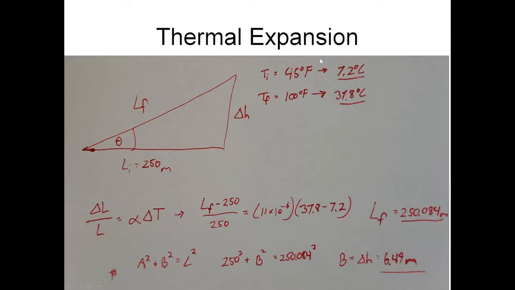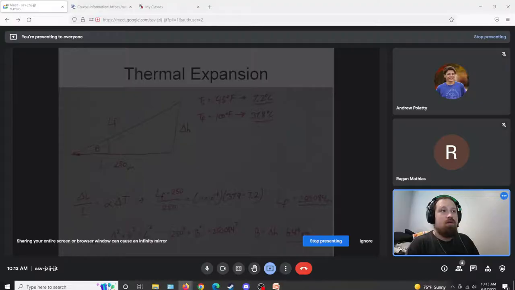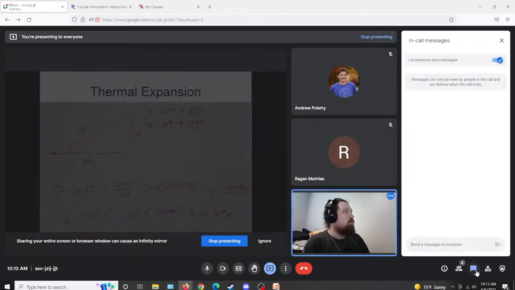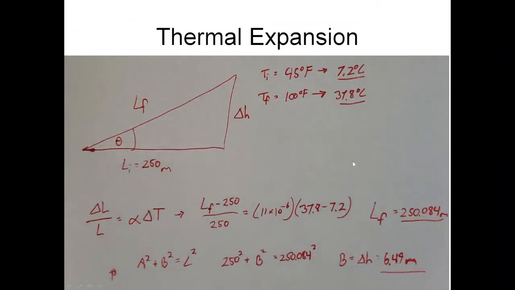So I've gone ahead and converted the Fahrenheit temperatures into Celsius. 45 Fahrenheit will be about 7.2 Celsius, and 100 Fahrenheit will be 37.8 Celsius. My handwriting's pretty bad. I realize that 7 looks a little like a 1. My apologies. That is 37.8 degrees Celsius.